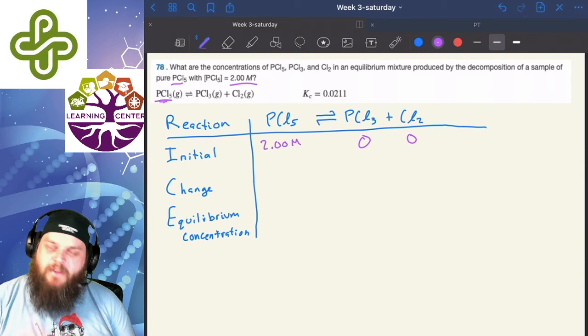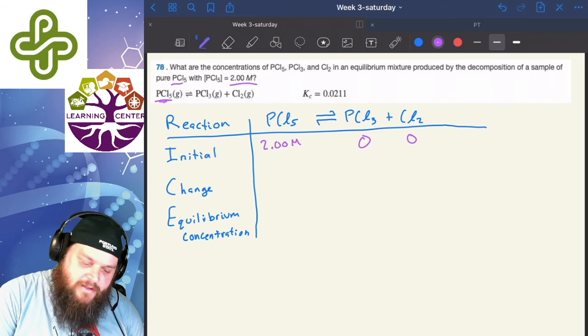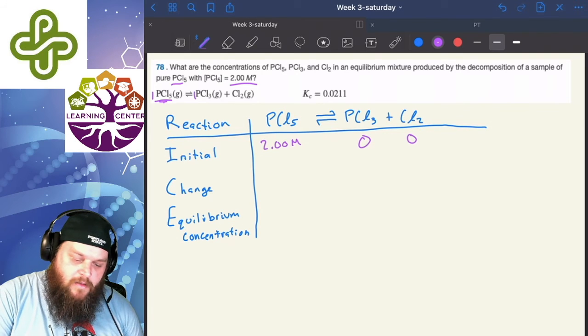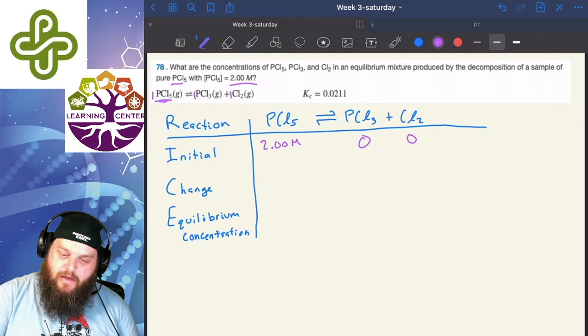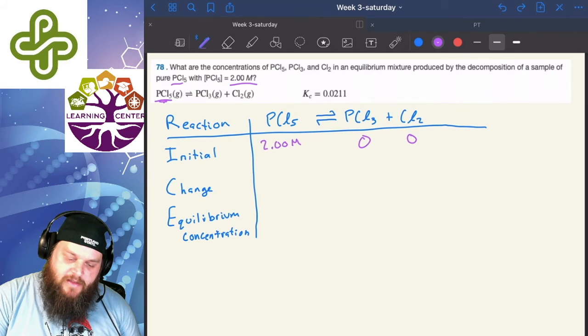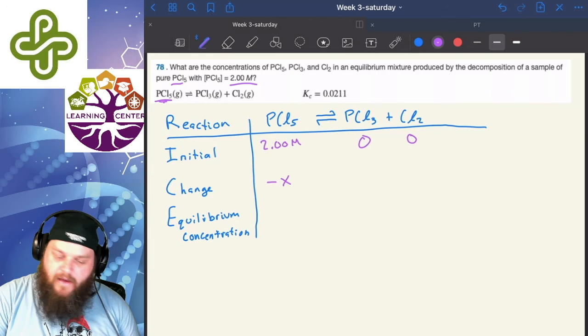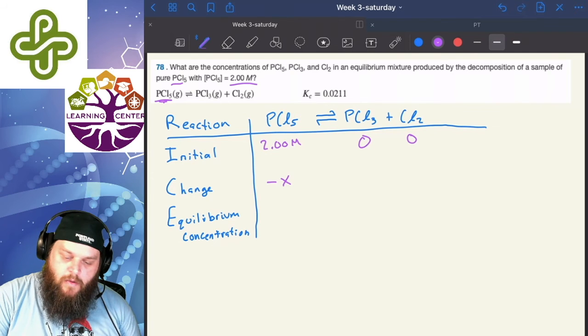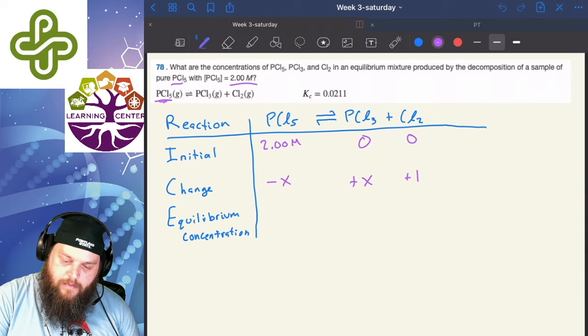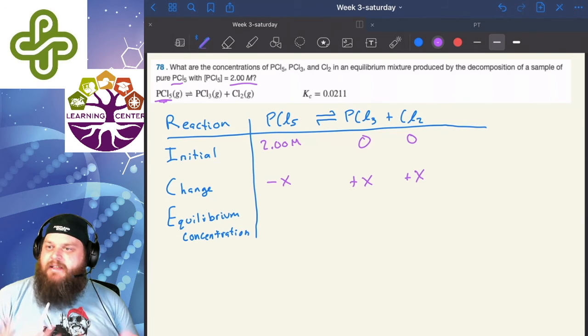Then we say, well, what's changing? Looking at the stoichiometric ratios, we have a 1 to 1 to 1 ratio going on here. So because of that, for every mole that PCl5 loses, we're going to add 1 mole of PCl3, and we're going to add 1 mole of Cl2. And I'm saying x because x is that change in concentration that we don't know.